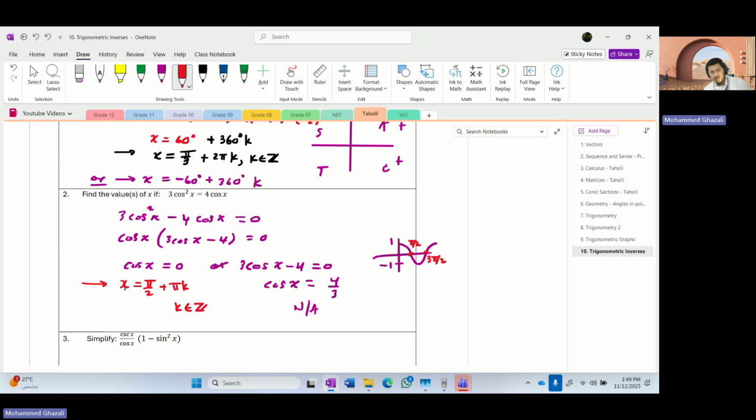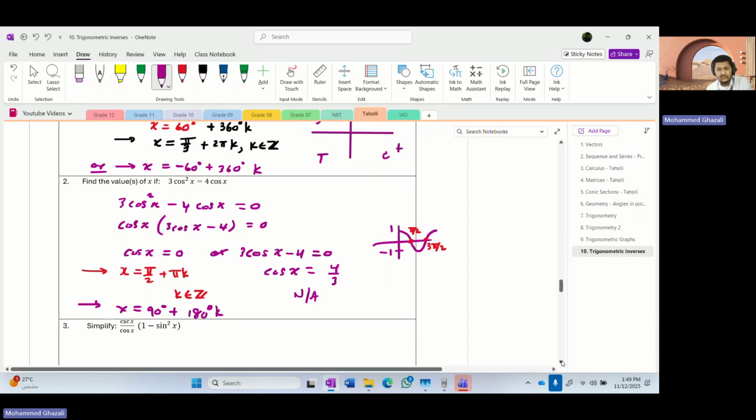You can see cos x is 0 every time when it is pi by 2 and adding a pi, right? So pi by 2 plus pi is 3 pi by 2. So this is my general solution for this answer here. If you convert it to degrees, it's going to be x is equal to 90 degrees plus 180 degrees k, where k is integer values.